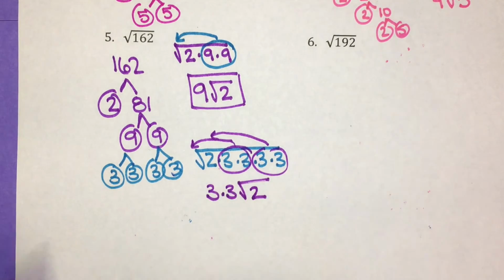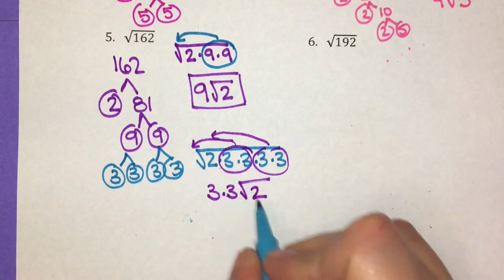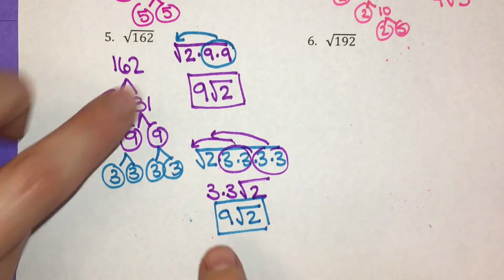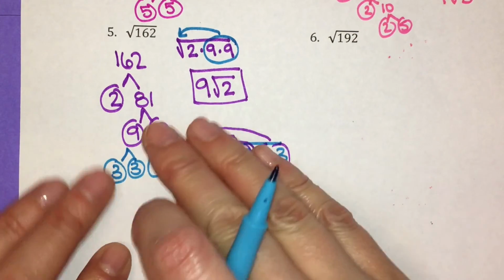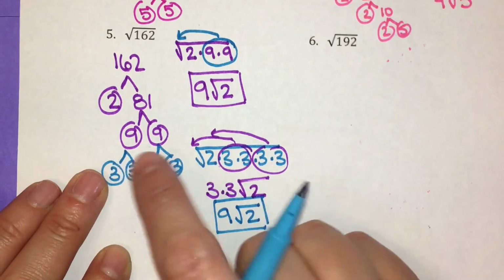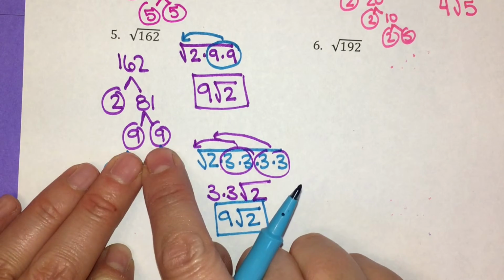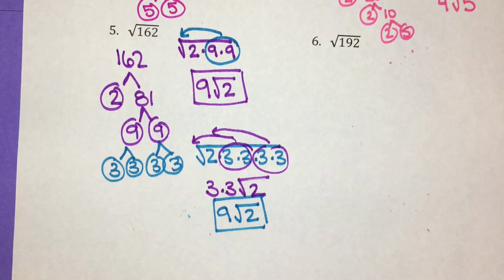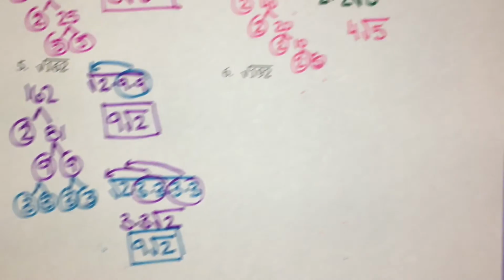Square root of 2 is left underneath. 3 times 3 is 9 times the square root of 2. So you see we got the same answer. So you can stop early if you see what's left over is multiplied by itself, and it's just a little less work. So I want to make sure you saw that.